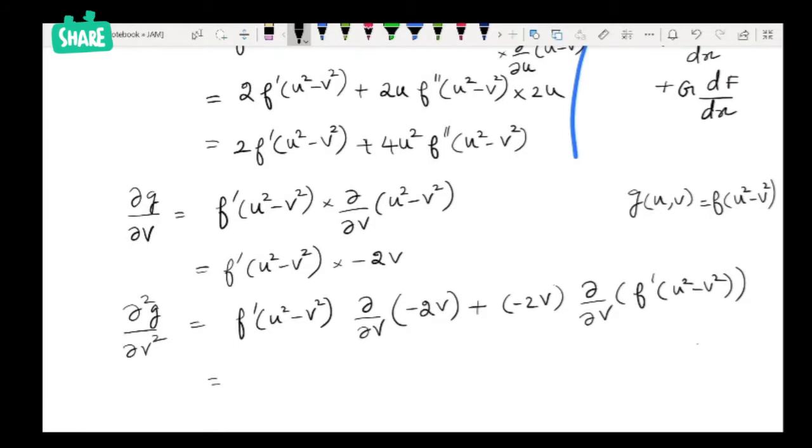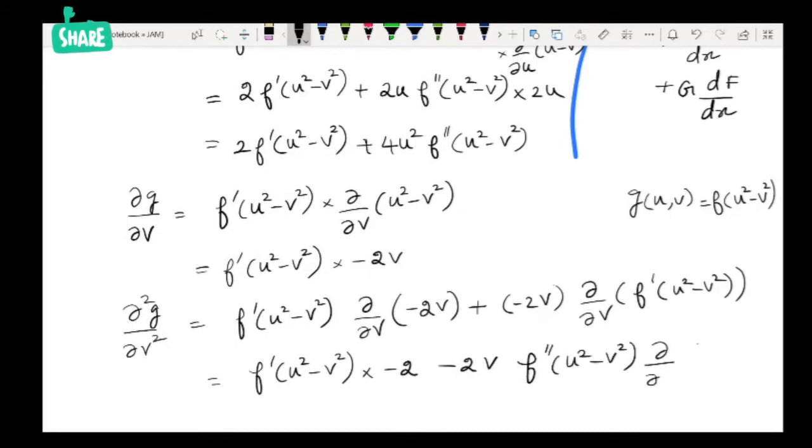So we will get f dash of u square minus v square times minus 2v, and again this will be f double dash of u square minus v square, and differentiating u square minus v square with respect to v.